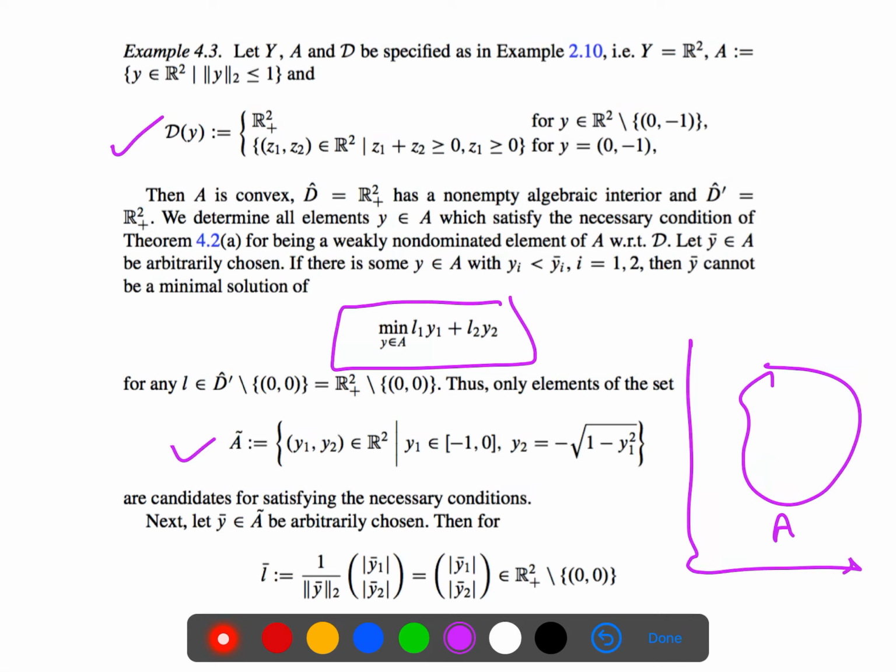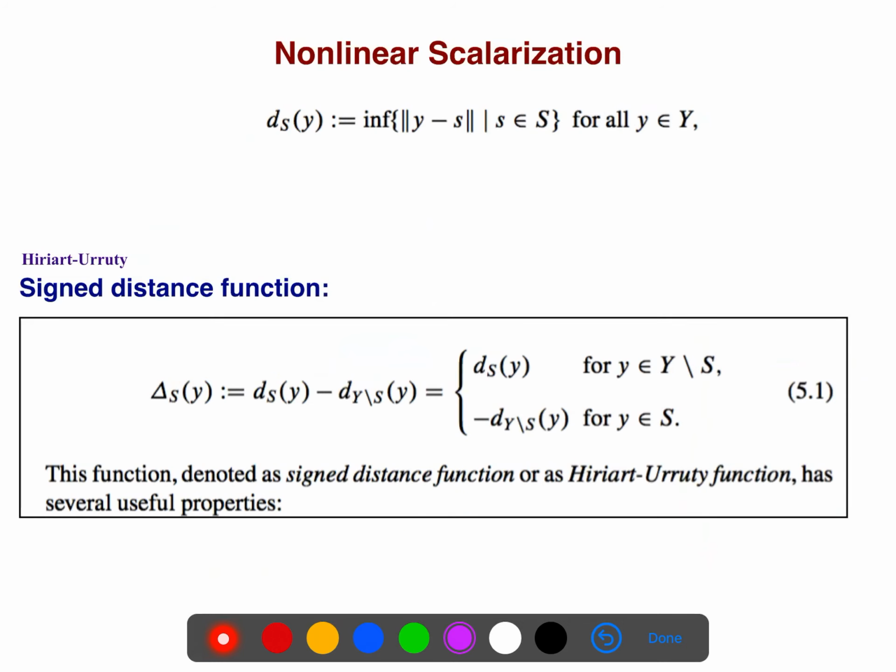If you put L like this, then it's enough to find some non-dominated elements. So nonlinear scalarization plays an important role when D of y varies a lot, or you have non-convex sets.